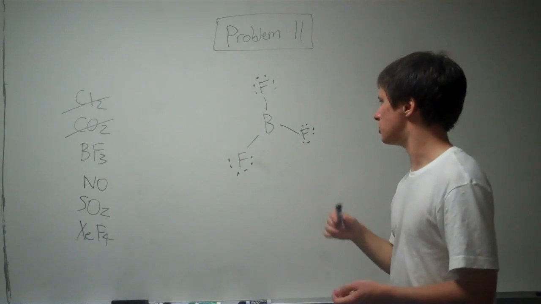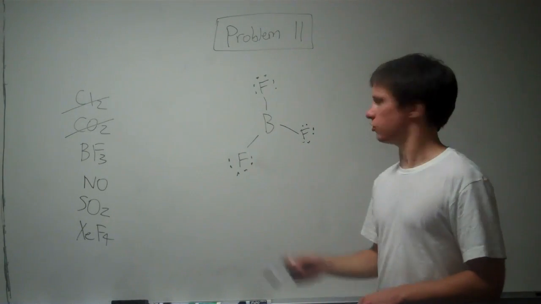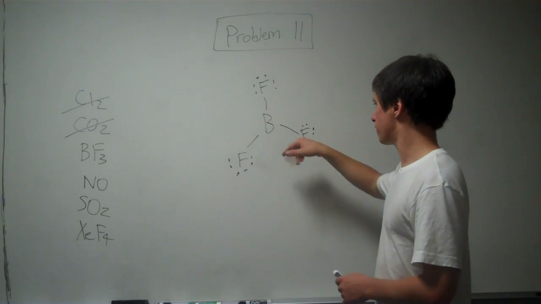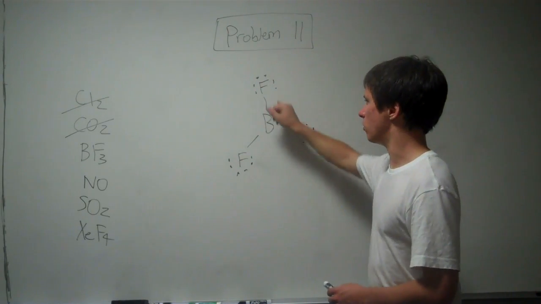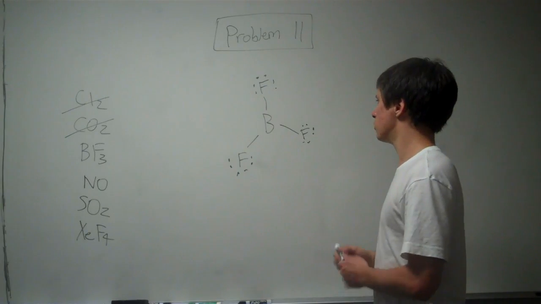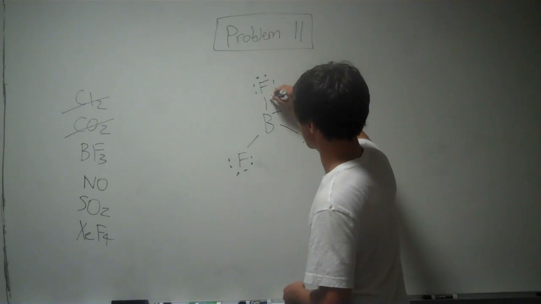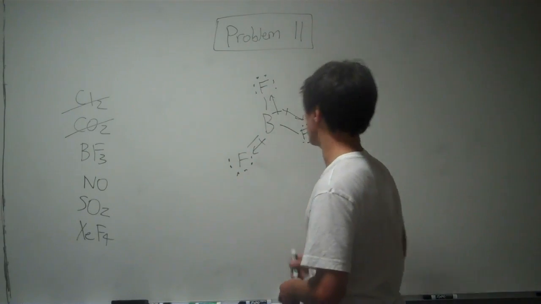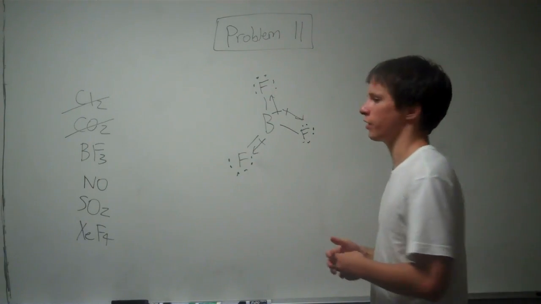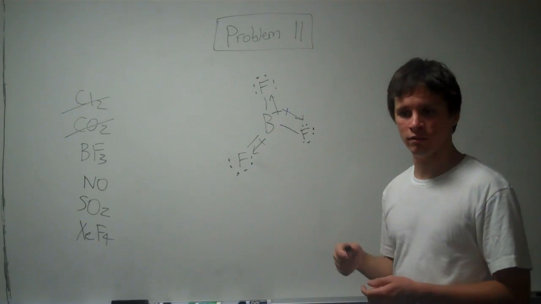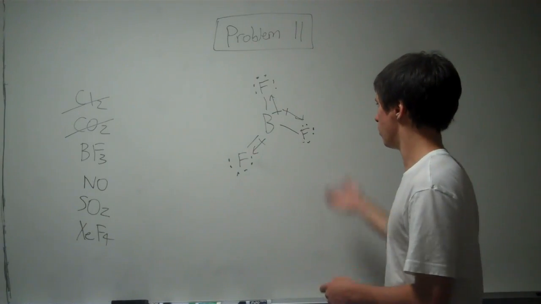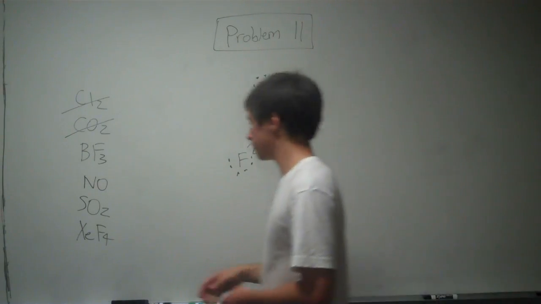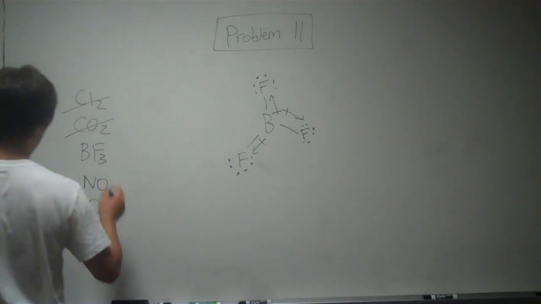So this is actually a trigonal planar molecule. There's no lone pairs on the boron, and it has 3 atoms all the same on it. So the pull of electrons is going to be this way for all 3. One fact about trigonal planar molecules is that all the bond angles are even. So the electrons in this molecule are, once again, perfectly symmetrical. So this molecule is not polar.